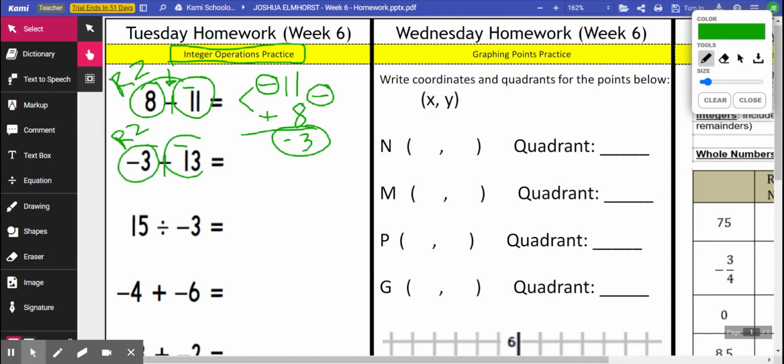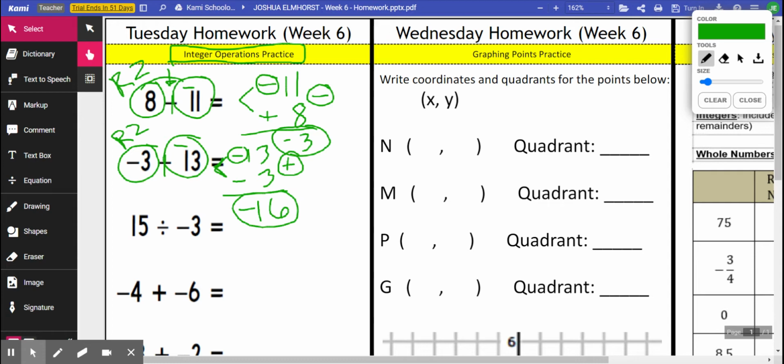We have negatives and negatives. We have 13 negatives, and we have 3 negatives. Because these are both the same signs, we're going to add these numbers. So we have all negatives, so 13 plus 3 is going to give us 16. And because they're negatives, our answer is negative 16.